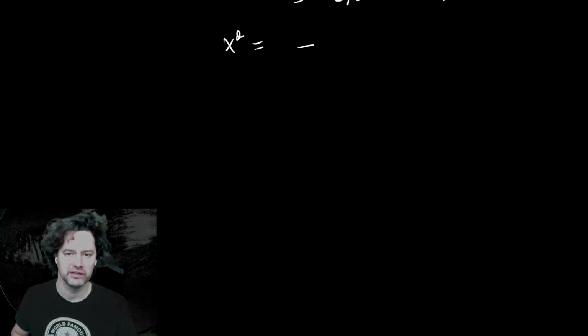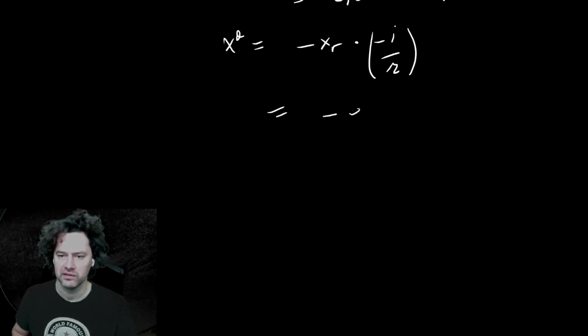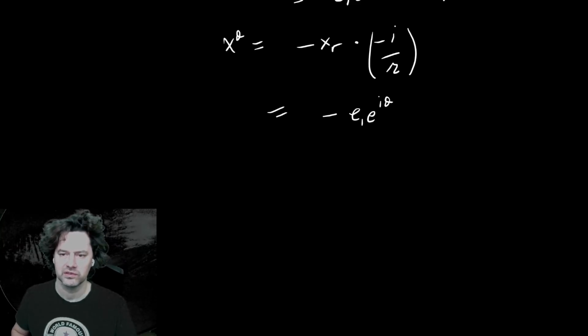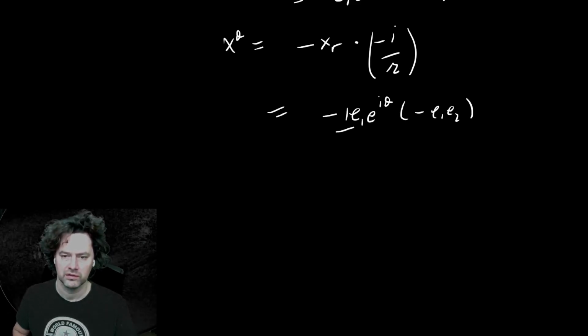And how about x^theta? So x^theta is going to be minus x_r dotted with minus I over r, which is minus e1 e^{I theta} times minus e1 e2 and a 1 over r.